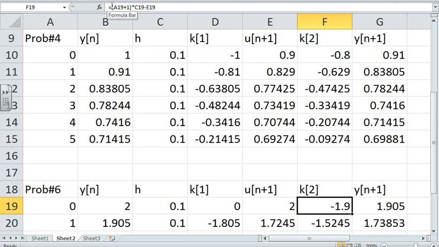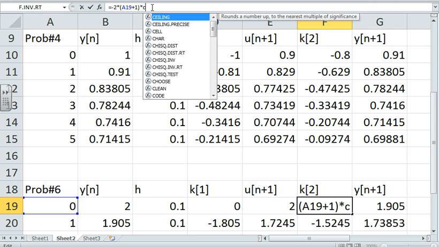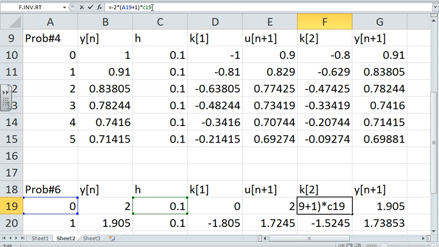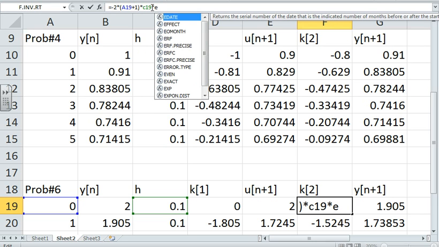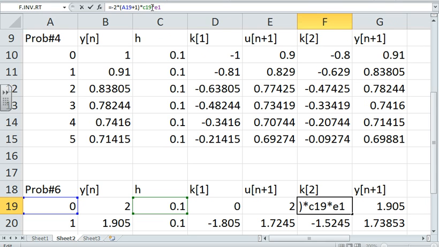So this is going to be minus 2 times x, A plus 1 times C19 times E19.